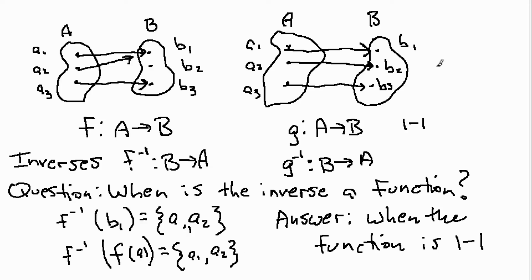But in this situation over here, if I were to ask you what is G to the minus 1 of G of A1, well, that's just equal to A1. Okay? It basically took us from here to here, back to here.